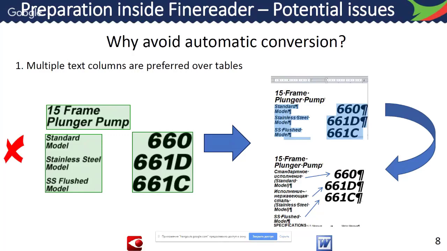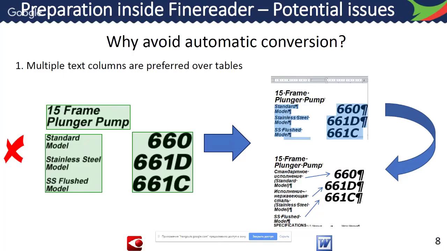There are three text areas shown in green. One is a title, and below it, there are names of equipment models on the left and corresponding model numbers on the right. When there are two text areas side by side, they will be converted to two text columns, which you can see on the right side at the top.